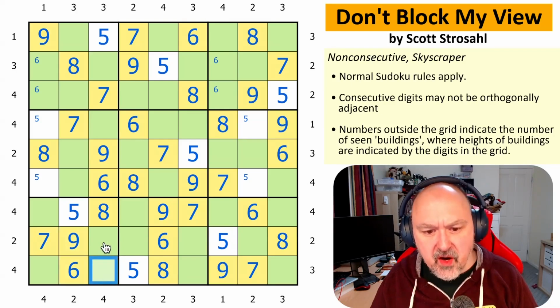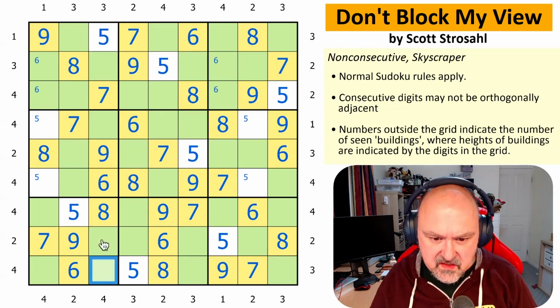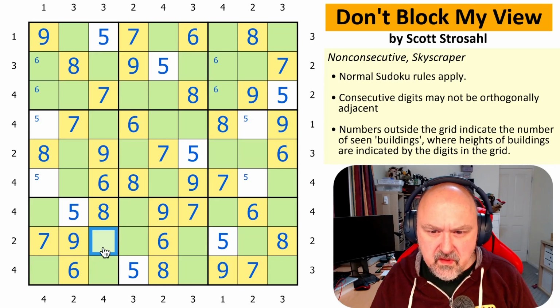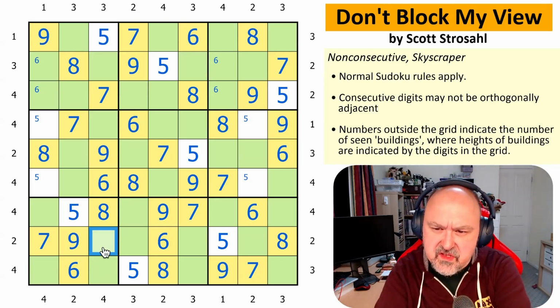This has got to be higher. No, this has got to be lower than this. Those 5s and 6s still are not resolved, are they?